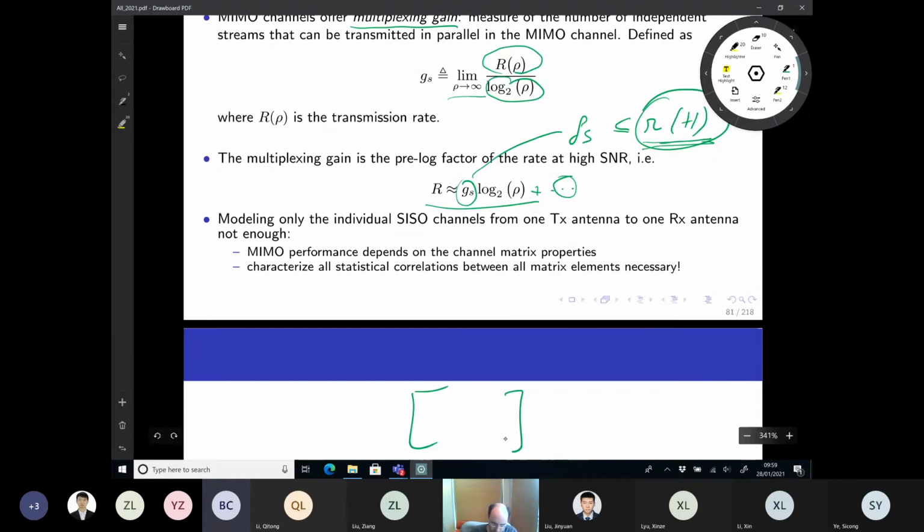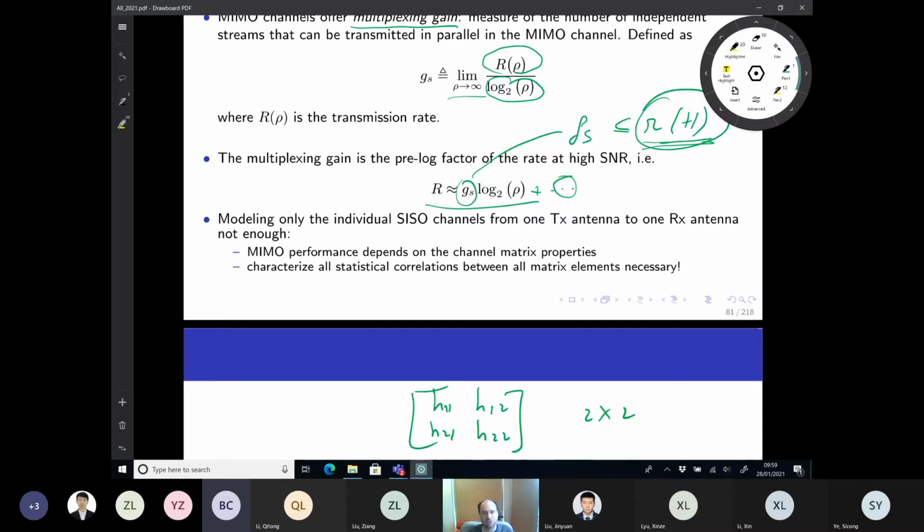If I have my channel matrix, a 2 by 2, with H11, H12, H21, H22, the rank of H will be a function of how those different coefficients actually relate to each other. If I have a linear combination of those columns or those rows, I'm going to have a rank deficient matrix. And you can imagine that if you have more correlation between those elements, then statistically speaking the rank will be decreased, right?